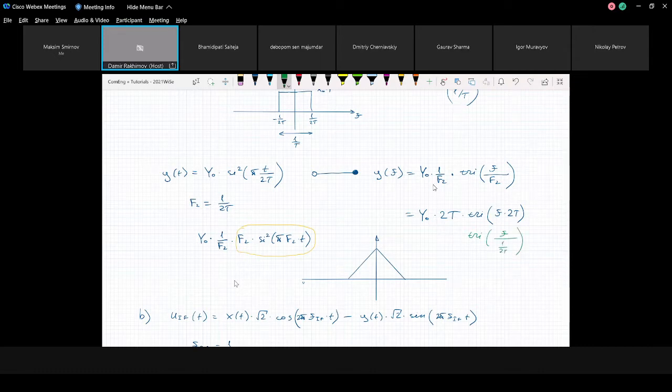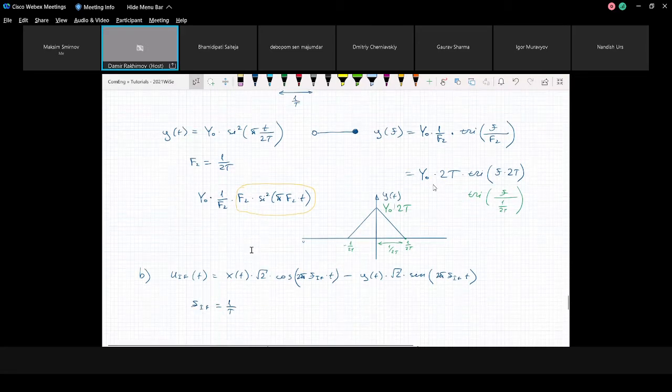So this length corresponds to, we can write it on the positive side, 1 over 2T. And the triangle function goes from minus 1 over 2T to 1 over 2T. The amplitude of this function will be y0 times 2T. This is our Y of f.